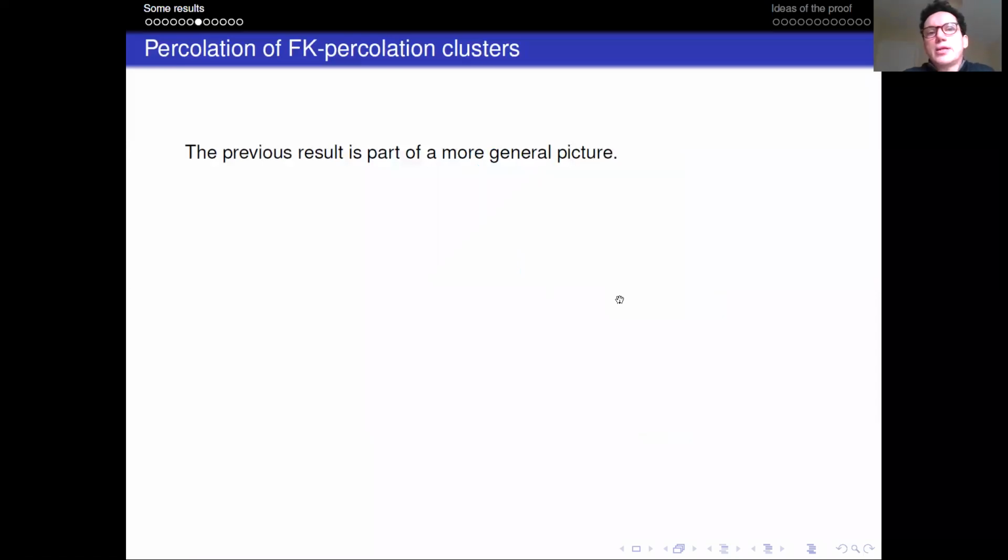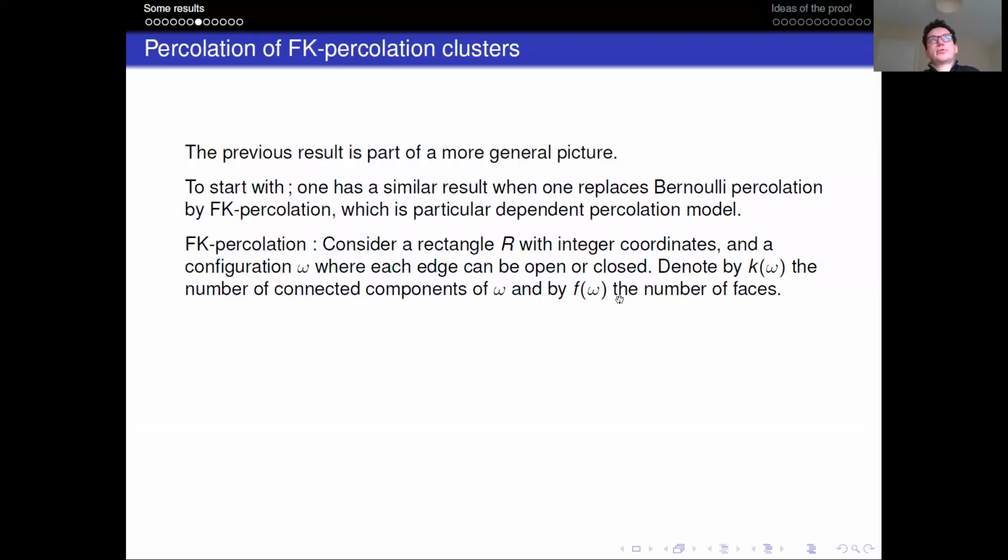Now, this previous result is just a specific model, a specific question. This previous result is part of a more general picture. And to start with, for those of you who know this story, you can replace this Bernoulli percolation and the Bernoulli clusters that we then color by so-called FK percolation clusters.